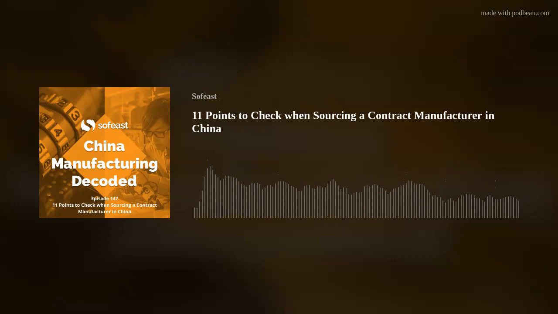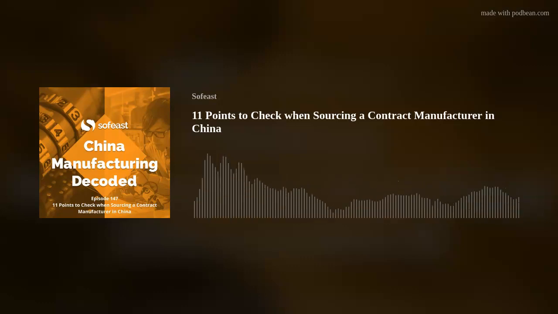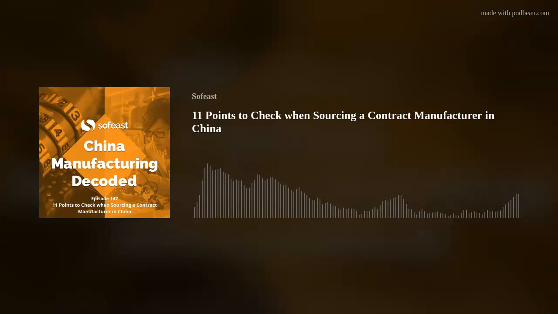And if your product's assembly and final testing is a little bit complicated, say there's a lot of mechanical engineering design involved, they are probably not the best fit.